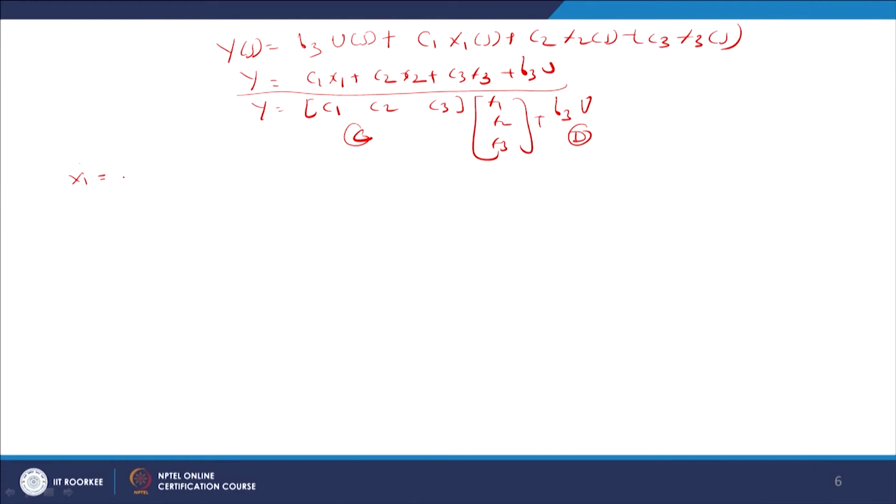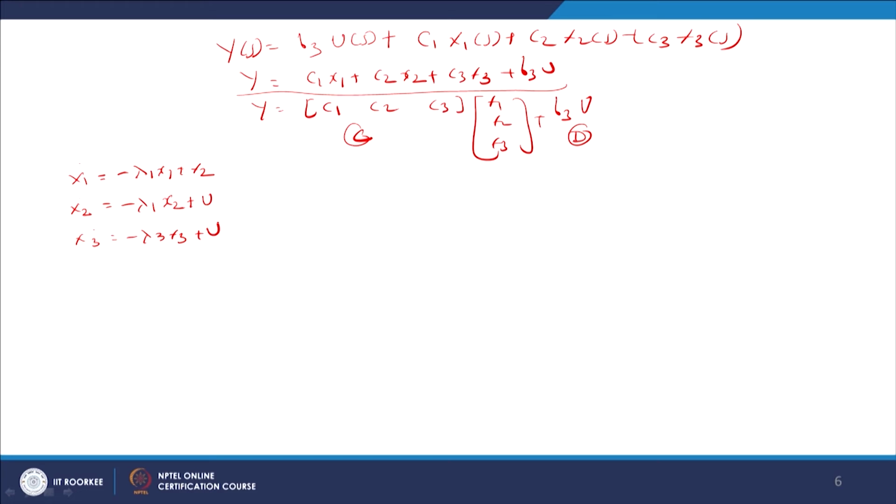The equations we have already derived, I am writing them down. x1 dot equals lambda 1 x1 plus x2, x2 dot equals minus lambda 1 x2 plus u, and x3 dot equals minus lambda 3 x3 plus u. See the equations.